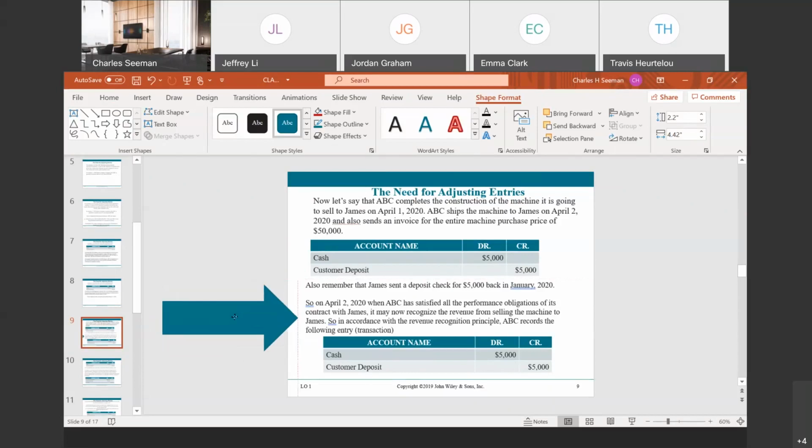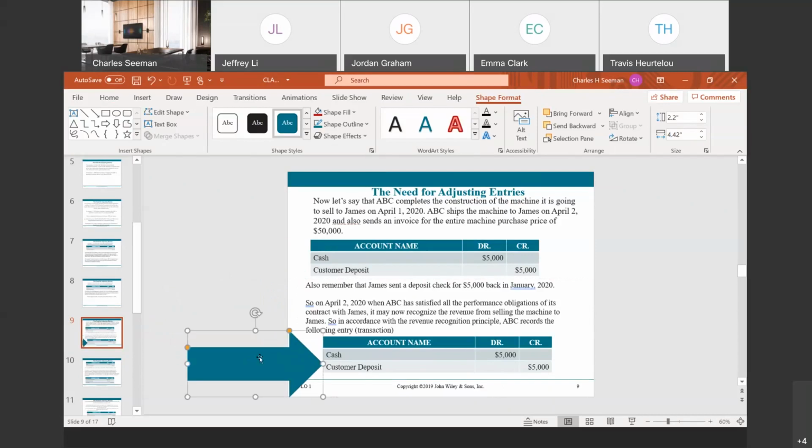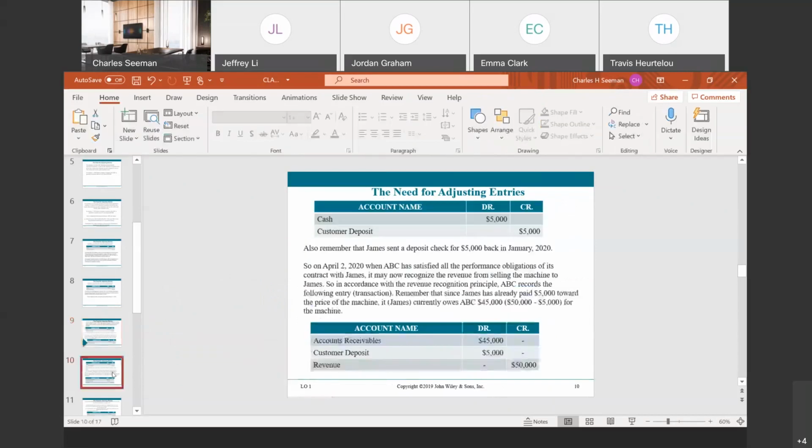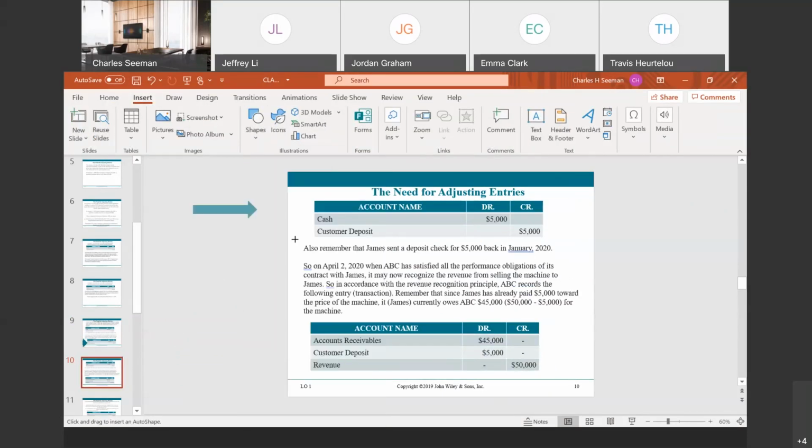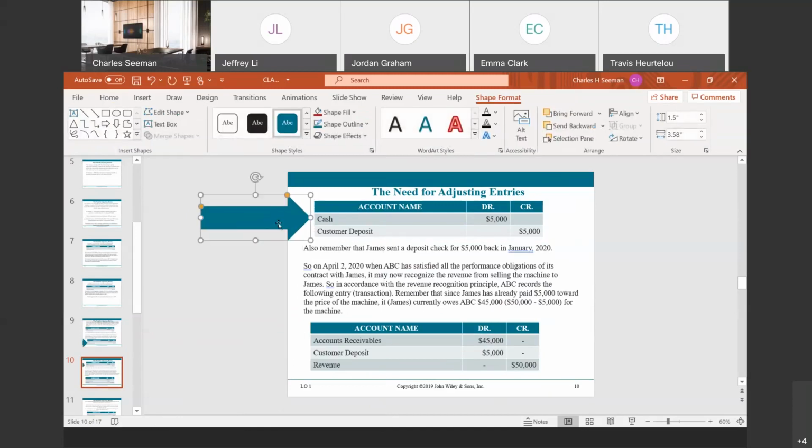Well, this was the transaction that they recorded in January. So what they have to do is now they get to recognize the revenue, including the amount that was paid by James in the deposit in January. So again, I'm putting this up here just to remind you about the journal entry that they made in January.